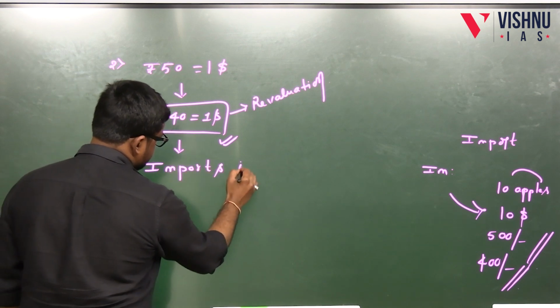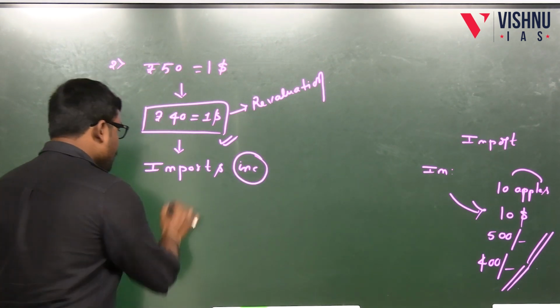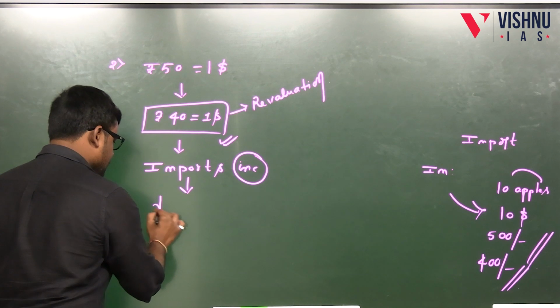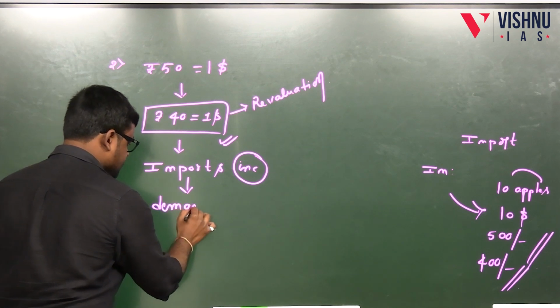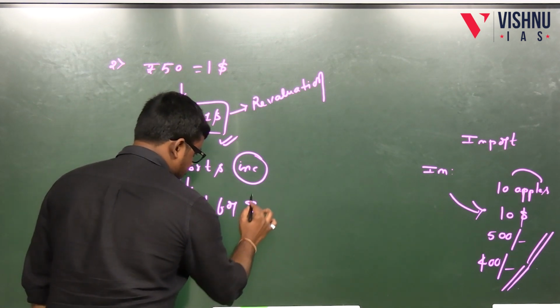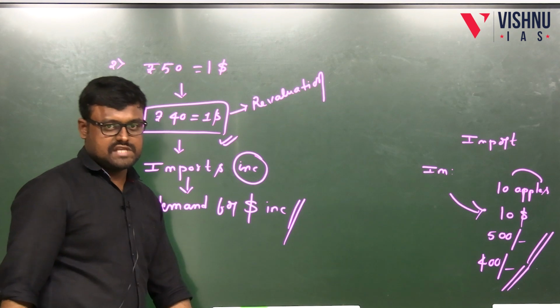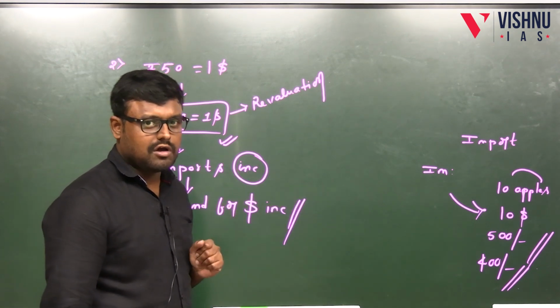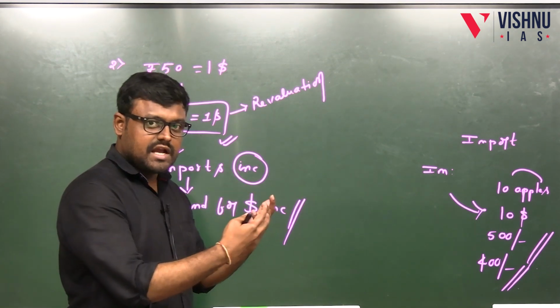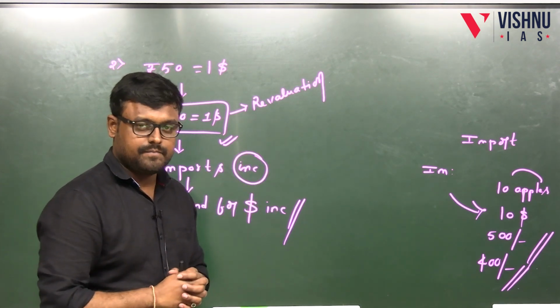Imports increasing means, isn't it, the demand for the dollar increases? Because when you are importing something from the USA, you have to pay in dollars only. So when imports increase, there is more and more demand for dollars in the foreign exchange market.